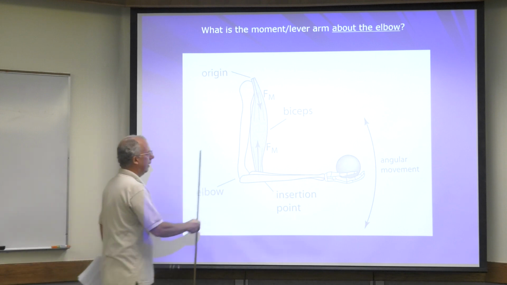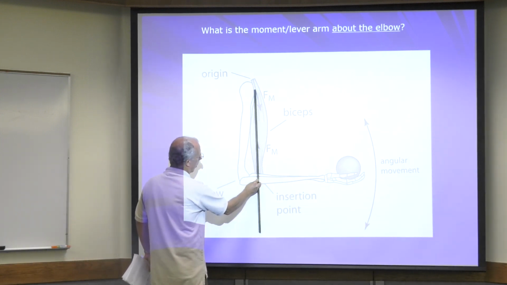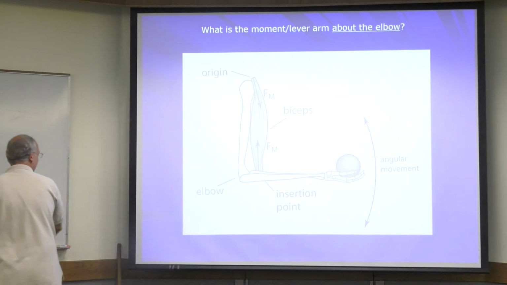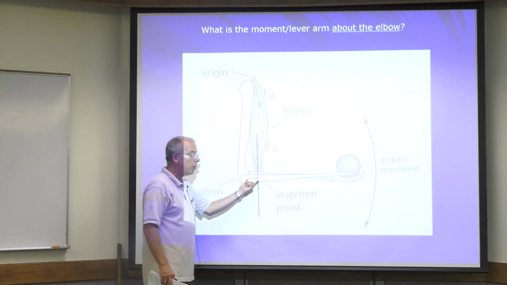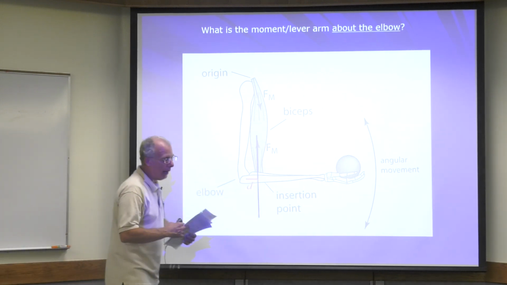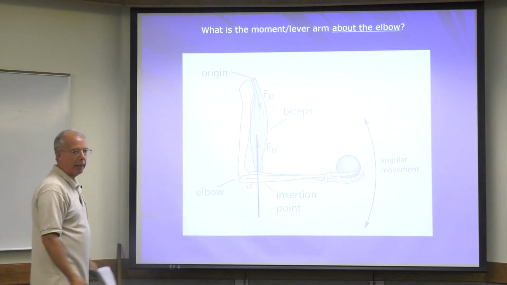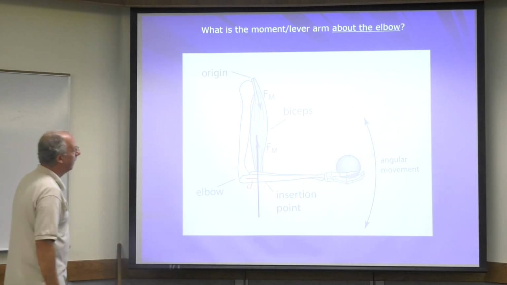Well, here's the force line. What's the perpendicular distance between this and the elbow? Right there. Not very large, right? Okay, so the lever arm is really, really small. And that's why most normal people can't curl very much weight, because the lever arm is so incredibly small.